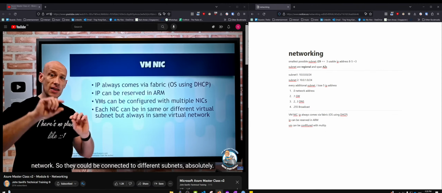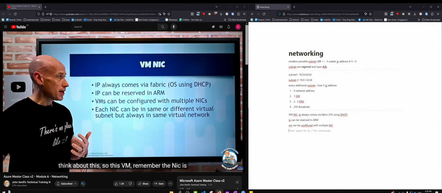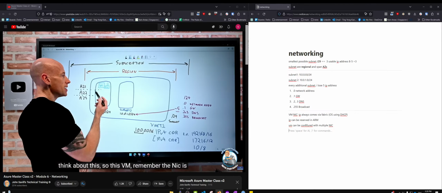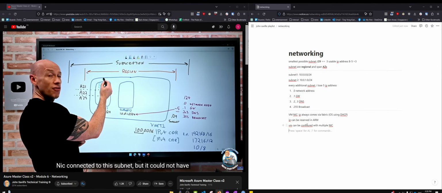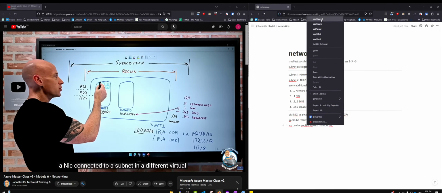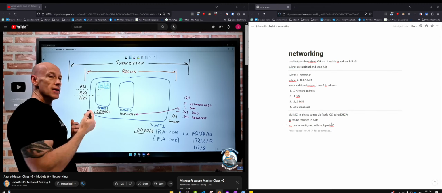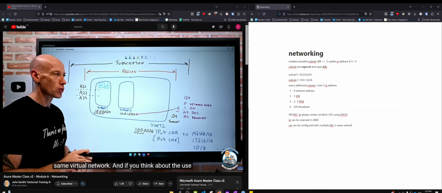So they could be connected to different subnets, absolutely, but if I go back to the picture and we think about this, so this VM, remember the NIC is just connected into a subnet. It could absolutely have another NIC connected to this subnet, but it could not have a NIC connected to a subnet in a different virtual network. Every subnet it connects to has to be in the same virtual network.